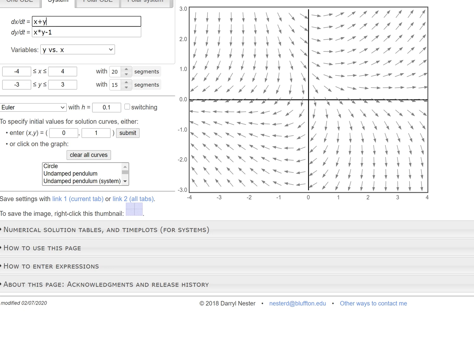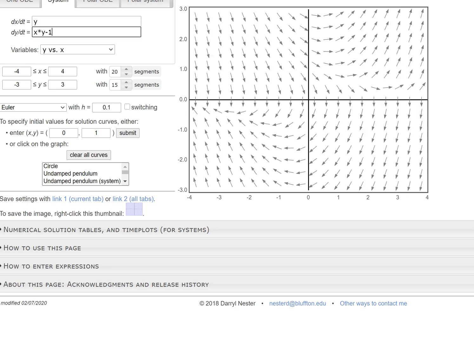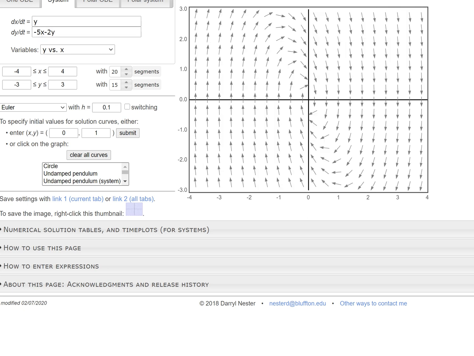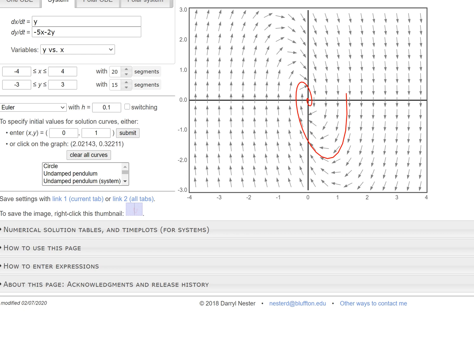Our x prime equation that we had was just x prime equals y, and our y prime equation was negative 5x minus 2y. Let's click on a couple of spaces to see what our trajectories would look like. Notice how they do spiral towards the origin as time goes on. This does confirm our hand calculations that we did.